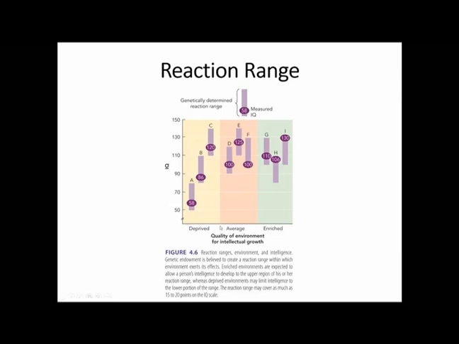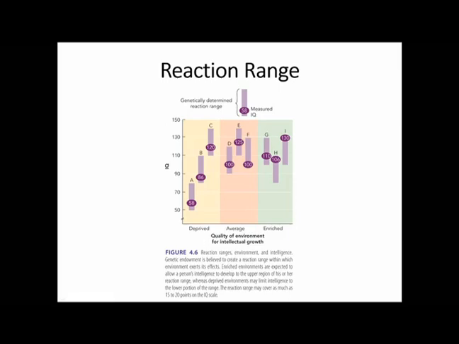And we can walk through some examples here so that you can actually see this in practice. But on this chart here, we're just looking at IQ on the y-axis. And on the x-axis, we're looking at quality of environment for intellectual growth.